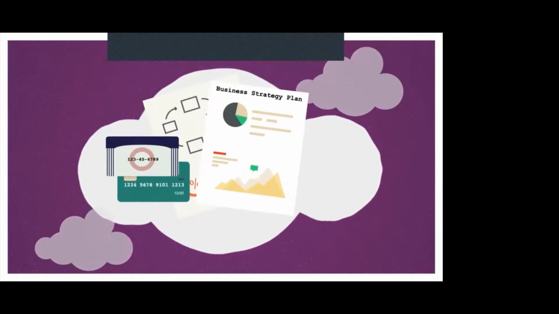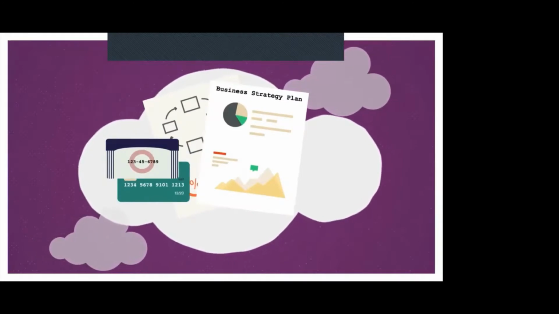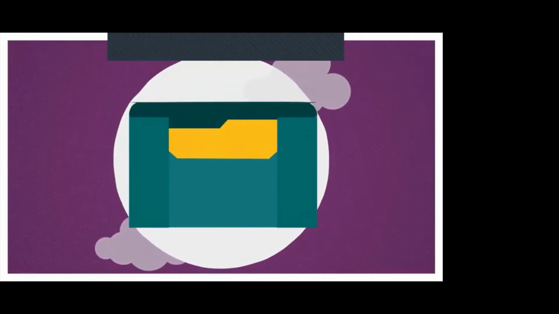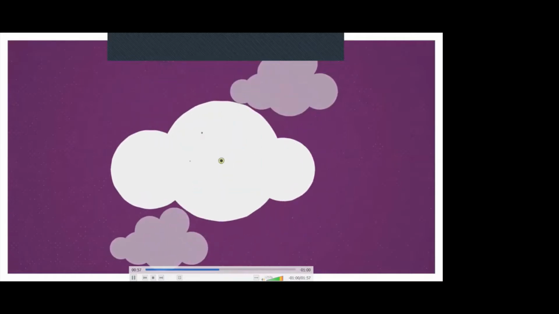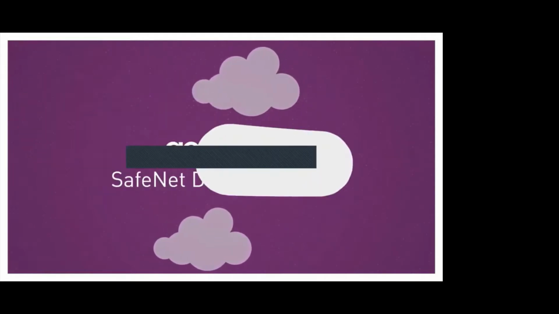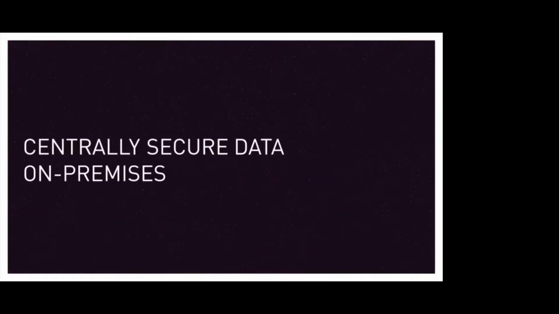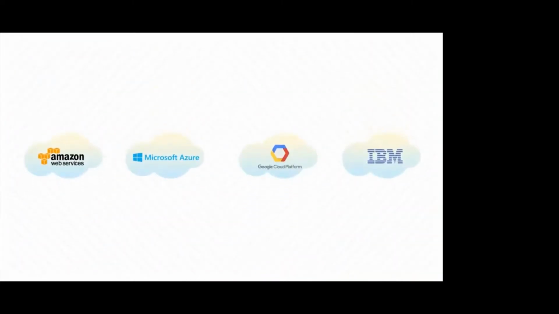He needs a way to protect sensitive data that's stored in and moving to the cloud, centralize data security across multiple cloud providers, block cloud providers from seeing their data, ensure data can be safely removed from the cloud, and prevent government agencies from accessing data without permission. With Gemalto's portfolio of Safenet data protection solutions, it's easy to centrally secure sensitive data on premises and across all of today's leading cloud platforms, including Amazon, Microsoft, Google, and IBM.